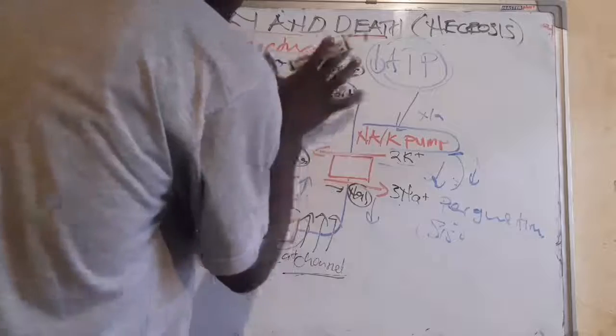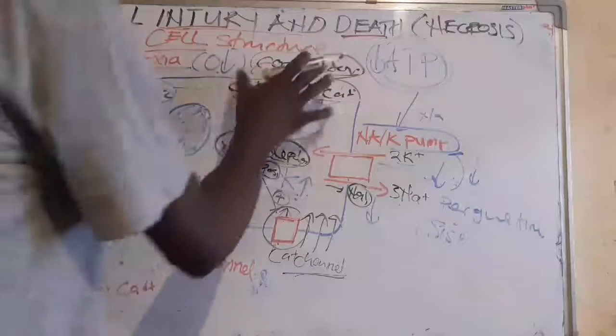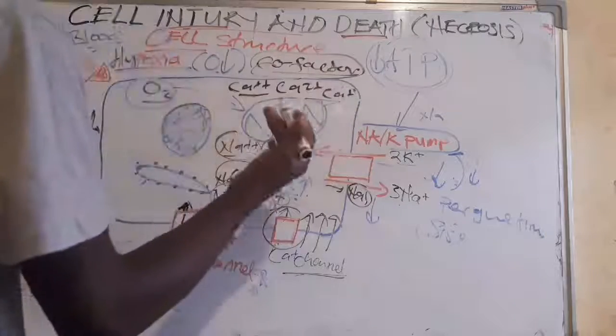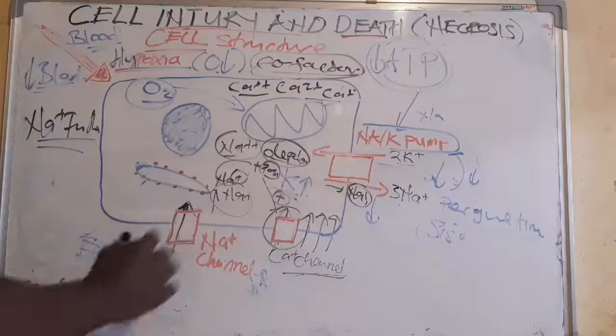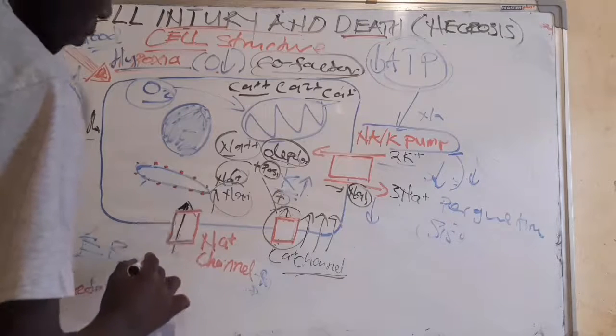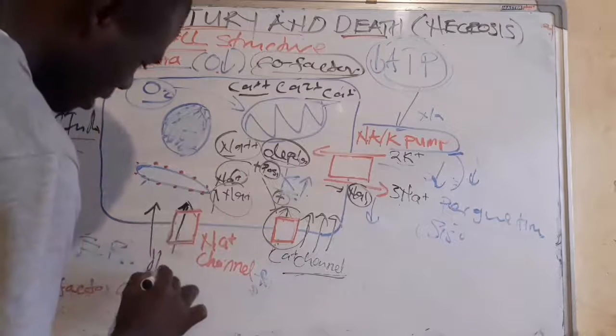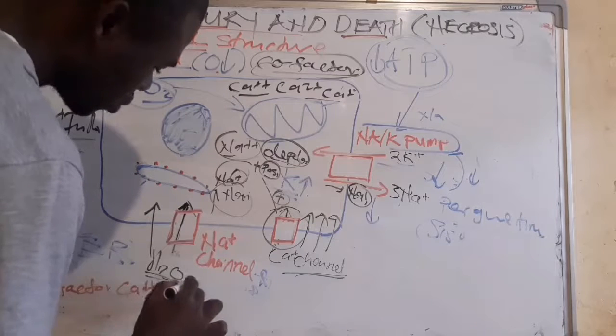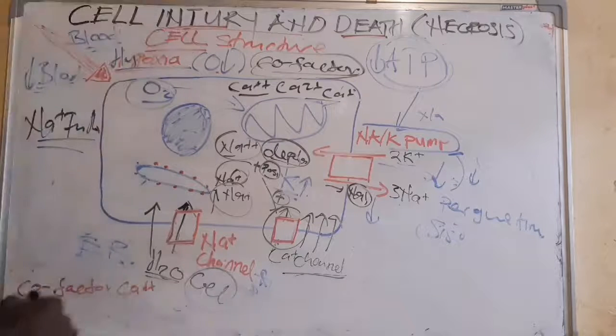Before we say what this cofactor, the calcium ion, does, let us go back to sodium. As the sodium is increasing here, it also pulls water into the cell; water also follows.